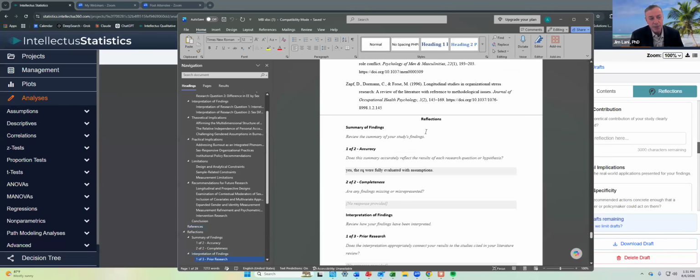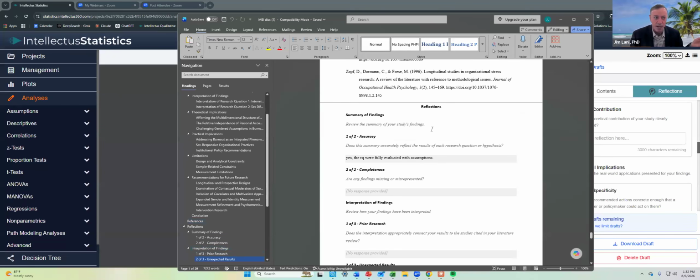So for the faculty out there, you now have an audit trail of where students are with respect to the different aspects of the results and discussion, okay? And we have this in the Lit Review app. We have a methodology app coming out in the qualitative. So these guided reflections, and Melissa, we should really brand that with a nice little brain.